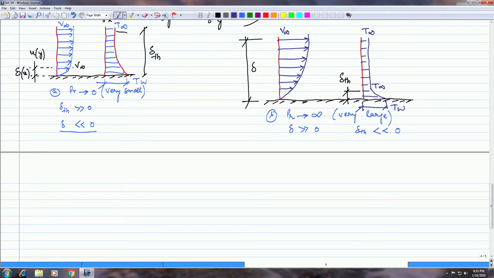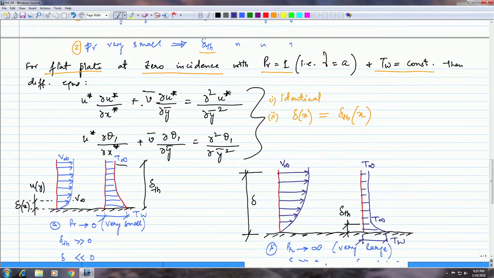Okay, so now let us see. Since we said that it also renders some simplifications in calculations, let us see how that shapes up. So this is the case where Prandtl number is very small.